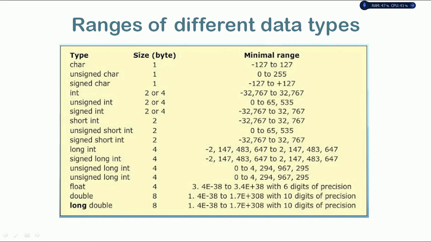Okay, so for 4 bytes, it will be the range. Even for an integer, it is the same range as your floating point. Right, see here, suppose it occupies 2 bytes. So how we can calculate? So it is 2 power 16 you can take, because 1 byte is 8 bits. So 2 bytes is nothing but 16 bits. So 2 power 16 you get 65,536. So that value you get.